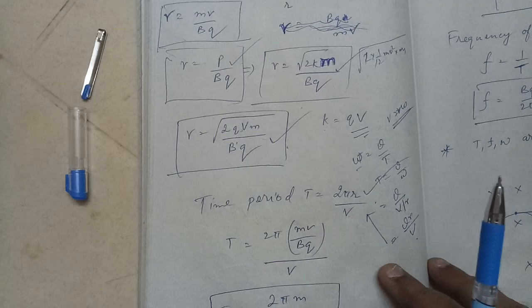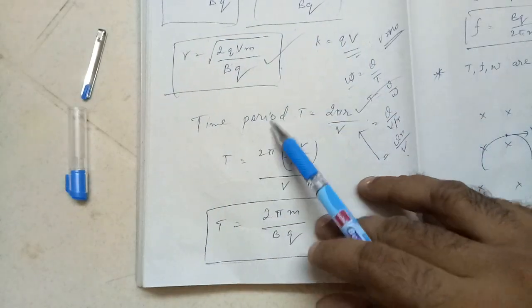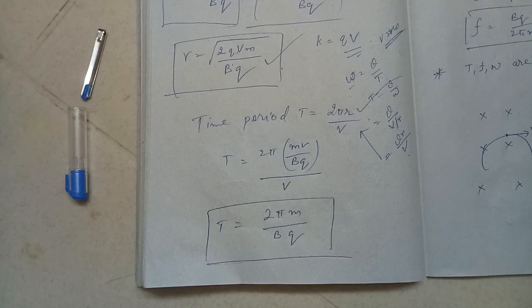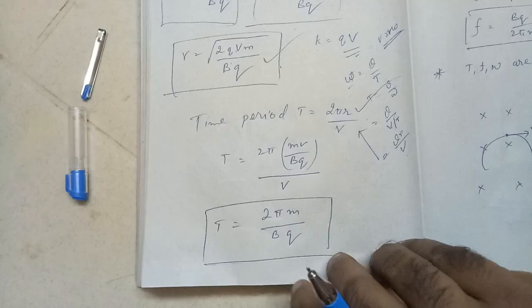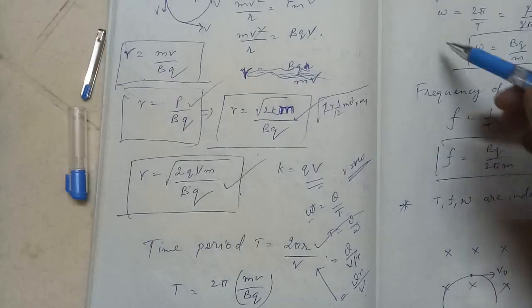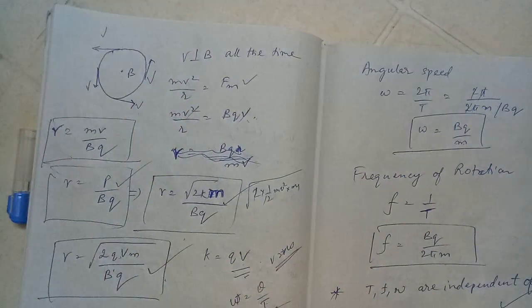If you solve this, in the place of r you put the earlier expression, you get t is equal to 2 pi m by Bq. Do you find any v here? The answer is no. So the time period of the charged particle is not dependent upon the velocity. However, the radius is dependent. Similarly, the frequency is also independent of v. You can find the angular speed also, it is omega is equal to 2 pi by t.